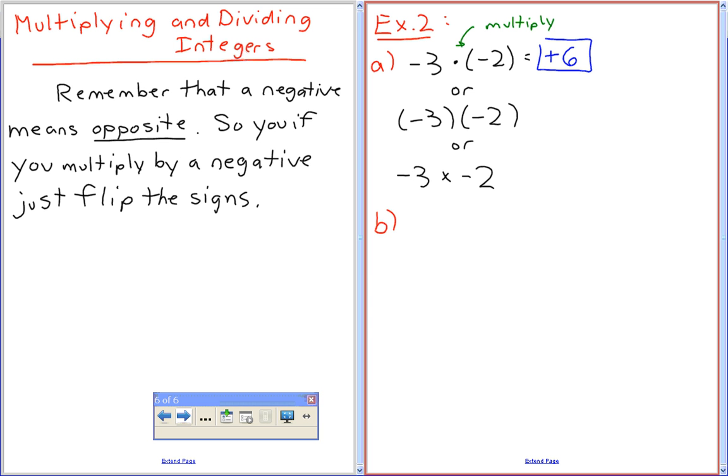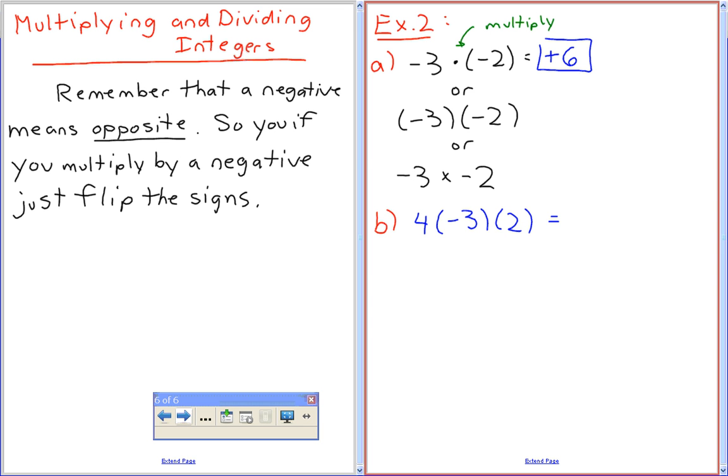Letter B is going to go. Four times -3 times 2. Okay, the way I do these questions, I do the numbers first and then I do the sign. Let's start with the numbers. What's 4 times 3 times 2?